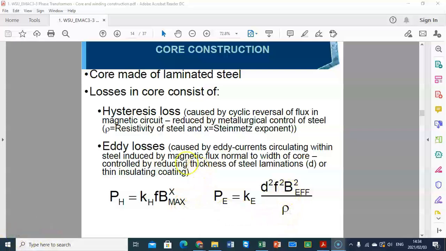So to reduce the eddy current losses, as we explained earlier, we can laminate the core, and also we should use high resistance steel to reduce eddy current losses.